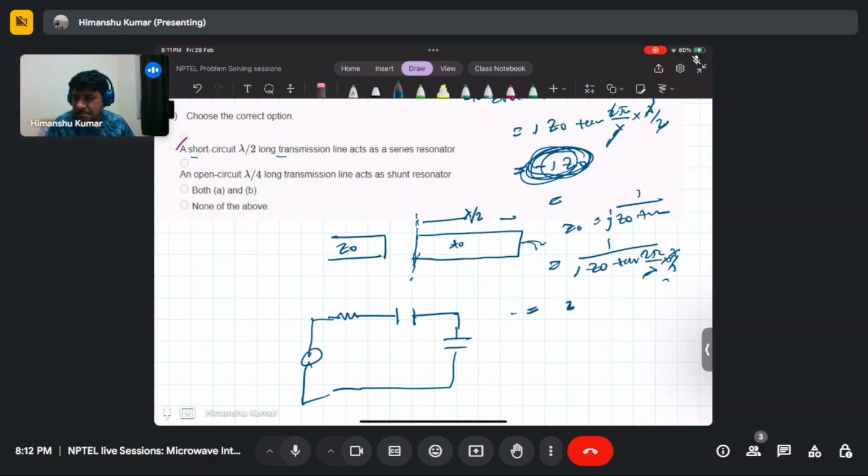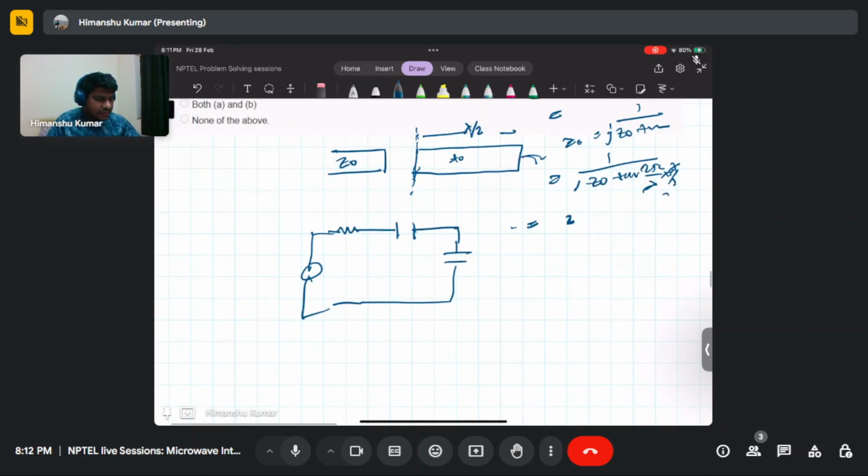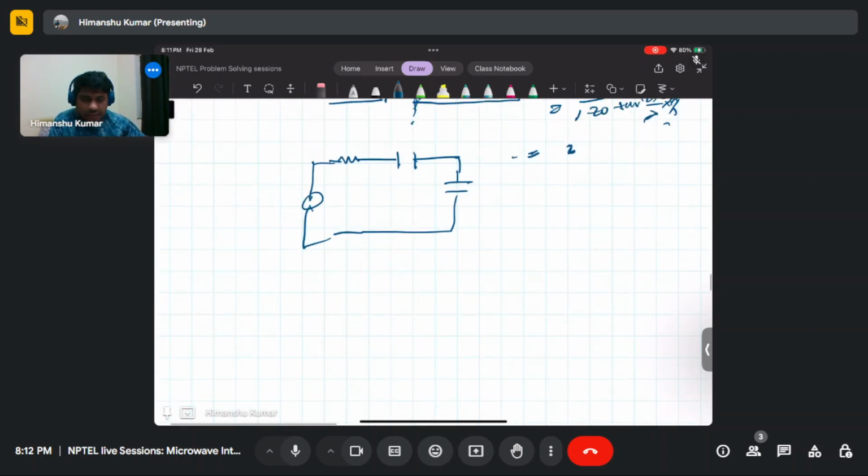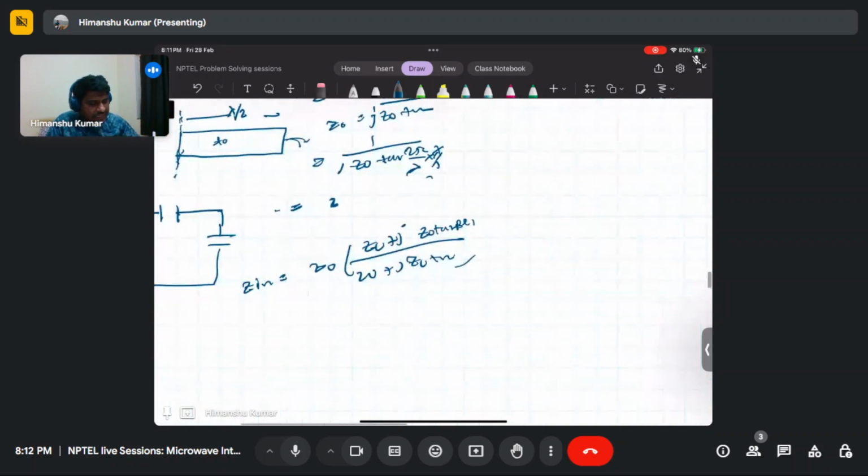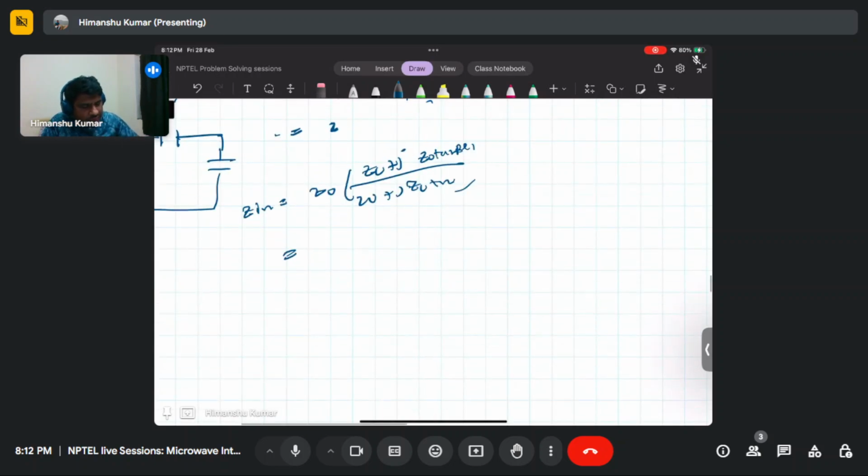I have a confusion. Your total input impedance is basically Zin equals Z naught times (ZL plus j Z naught tan beta L) divided by (Z naught plus j ZL tan beta L). For the open circuited line, ZL is infinite, so the Z naught tan beta L term is smaller compared to the first term.